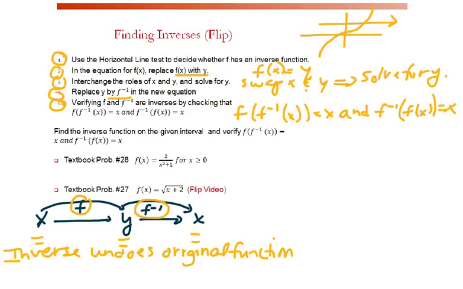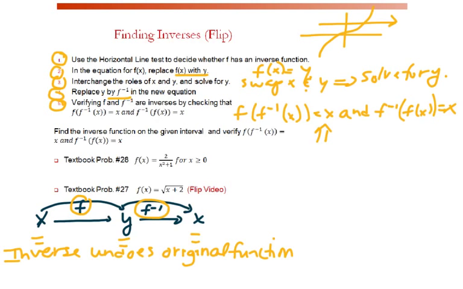Both of these conditions have to pass for f and f inverse to truly be inverses of one another. So if you're asked whether two functions are inverses of one another, you would need to do this verification step to prove that they both equal x when composited together.